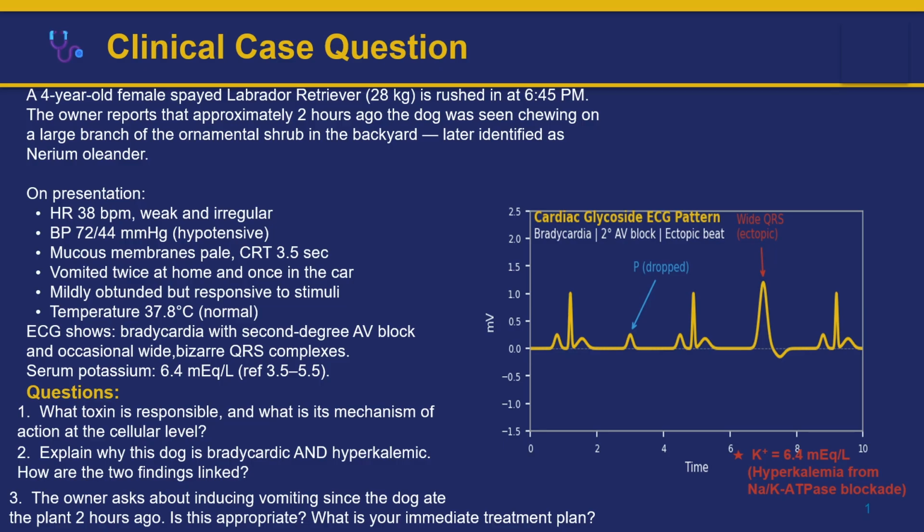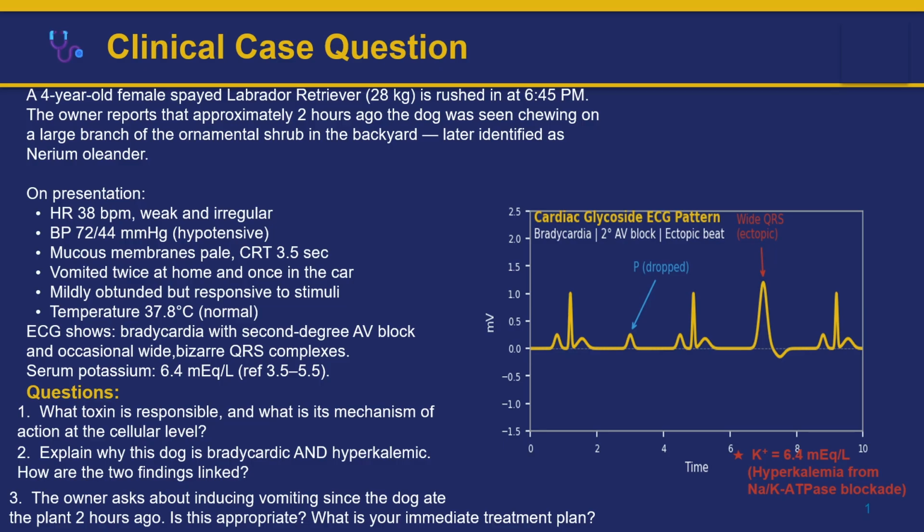7. IV fluids cautiously to support blood pressure, but careful not to volume overload a heart with potentially compromised contractility. 8. Activated charcoal. Consider via orogastric tube, not via oral administration in a compromised patient.